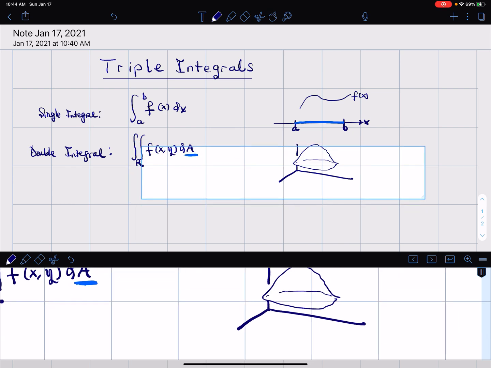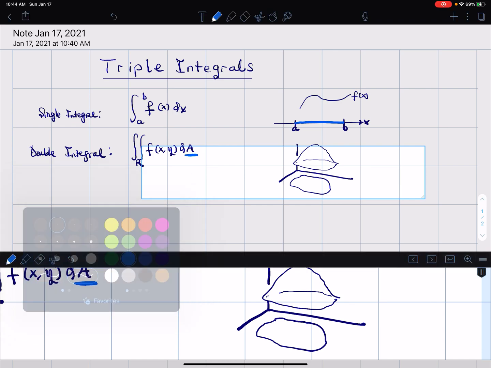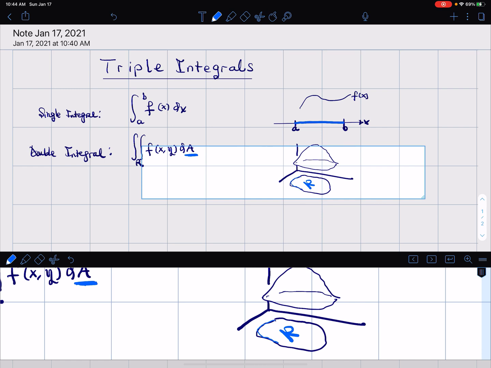Then this is your region of integration, maybe something like this. You're integrating over this region, call it R. So your interval becomes a region.